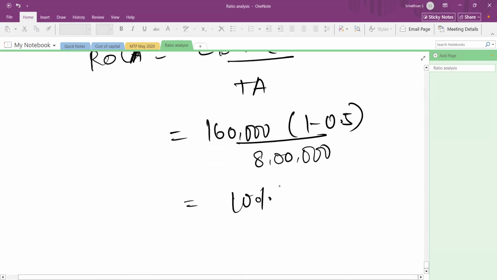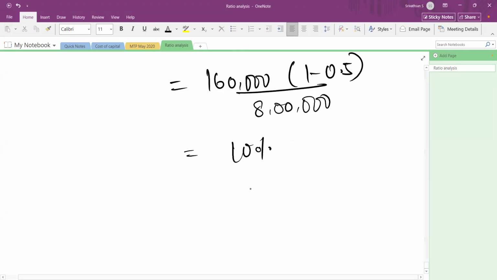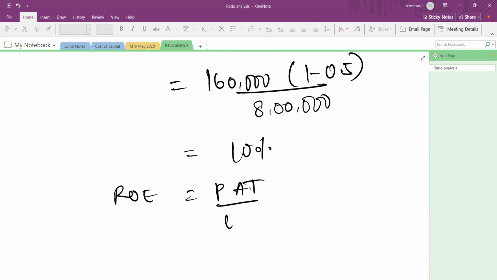You understood now how to get it? Any other requirement that you want me to solve? Requirement 4 and 5. Did everyone get 0.9 times and 16%? Got it? Fifth one. Return on equity formula is PAT by equity.